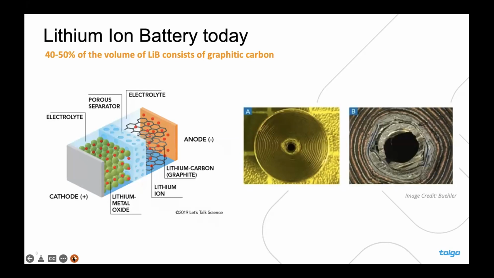The battery is constructed of layers and layers of anode, cathode, and that intermediate separator, as you can see on the right-hand side. Graphite here is about 40 to 50% of the volume of a lithium-ion battery.